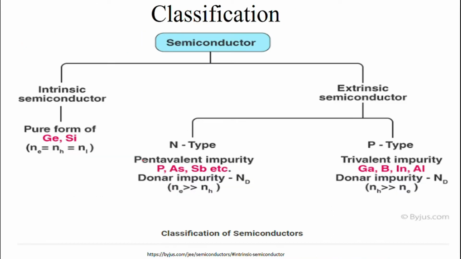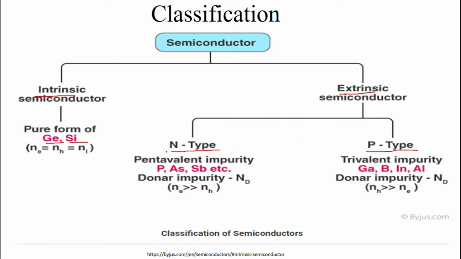For the classification, we have an intrinsic semiconductor, and we also have an extrinsic semiconductor. Intrinsic semiconductors are pure, and they come as germanium and silicon. An extrinsic semiconductor is when we add impurity to our intrinsic semiconductor, and thus we can create N-type and P-type semiconductors.